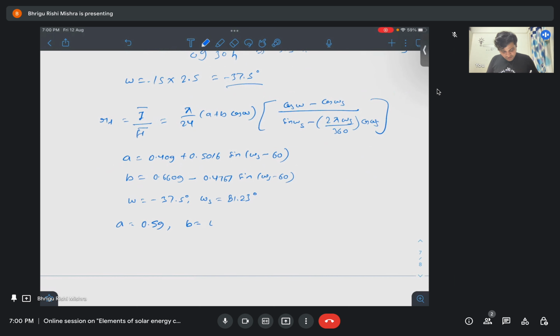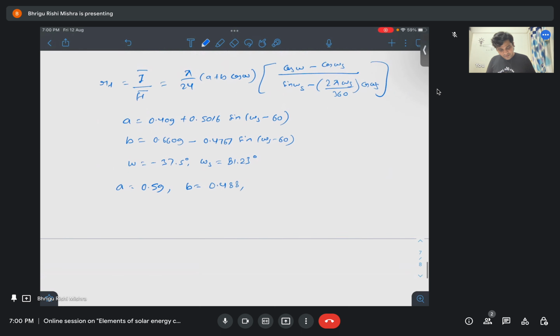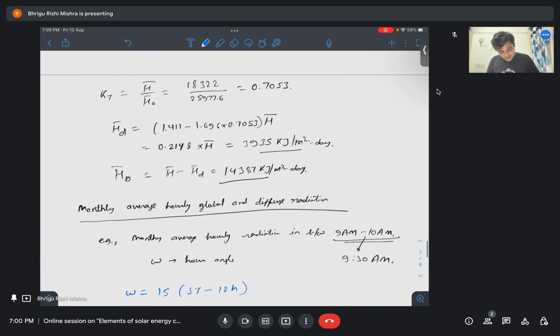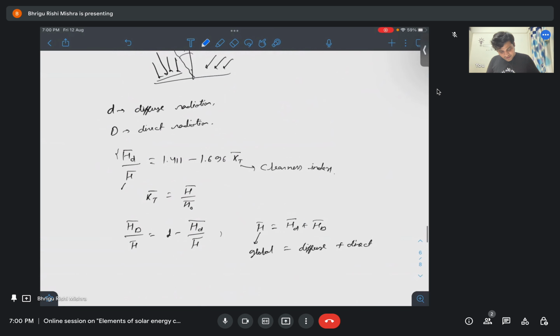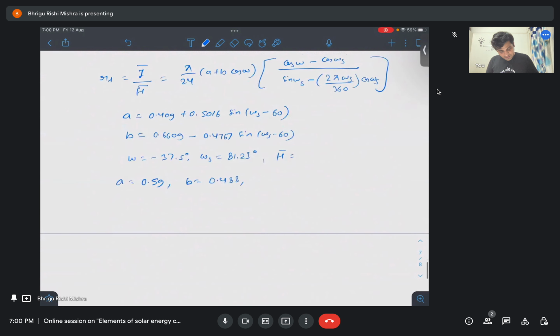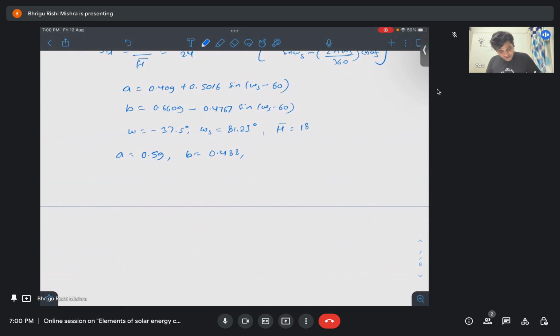So b is around 0.488. And we also know H bar, which is 18322 kilojoule per meter square per day.